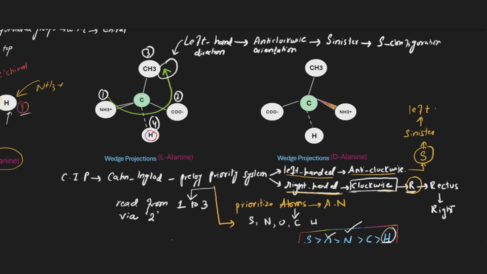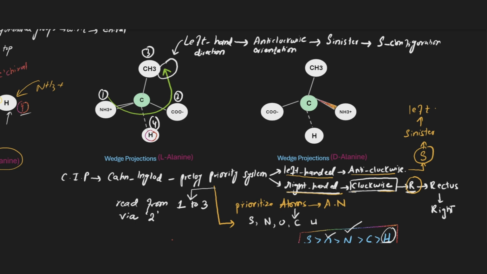And then you have to move from 1 to 3, ignoring 4, via 2. And then you have to determine whether the arrowhead is moving in the left-handed direction or in the right-handed direction. And then based upon this, you have to determine the orientation of the amino acid, whether it is anti-clockwise orientation or clockwise orientation. If it is anti-clockwise orientation, then it will be the S configuration of the amino acids in the RS system.